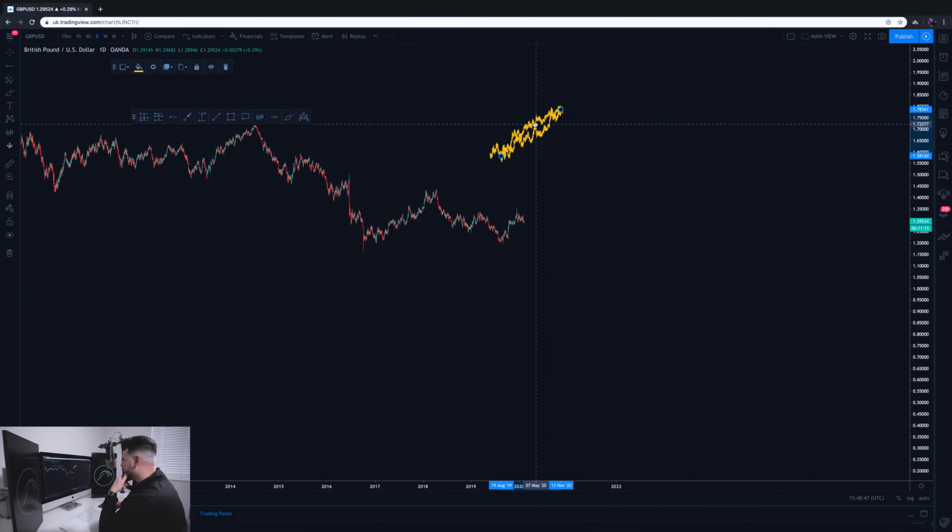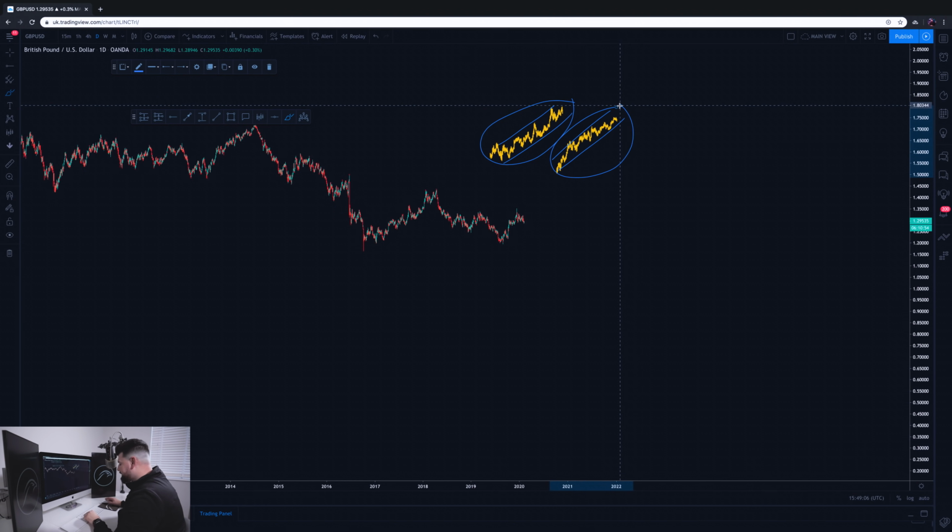If I just put these on top of each other, very, very similar. They're not going to be candle for candle, but can you see that structurally, if I just use the paintbrush tool, what can you see? You can see the same thing. Does that look similar to this? Well, it's not going to be exactly the same candle by candle. We know that because each bit of price action is unique, but structurally it behaves the same way.